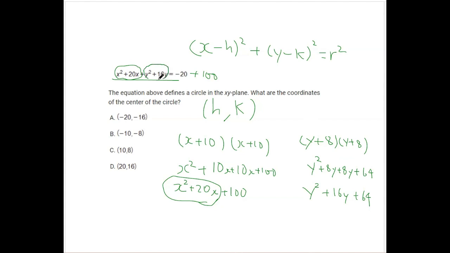We have y squared plus 16y here too. Go ahead and add 64 here. Okay.